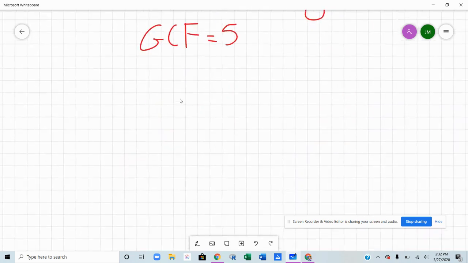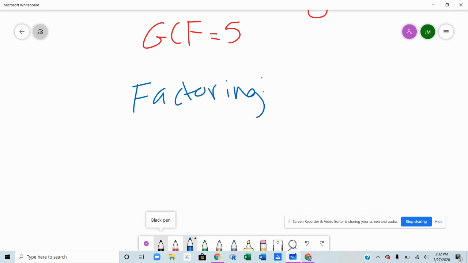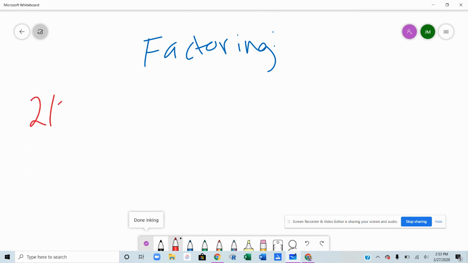All right, now let's get into the actual factoring portion, which is what your IXL is going to do. Factoring is basically the opposite of distributing. So with distributing, you had something like 2 times 3x plus 4, and you would distribute and multiply to get 6x plus 8.